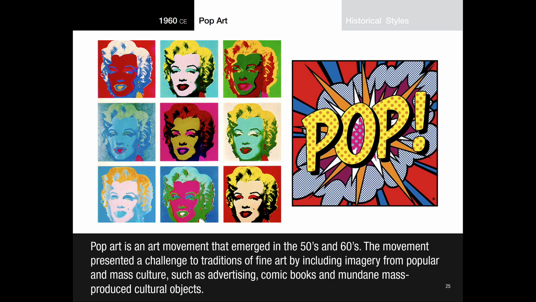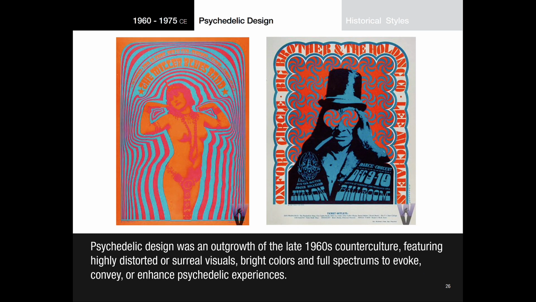As we get into the 60s, you see the pop art movement, most famously for Andy Warhol here. Bright colors, kind of mimicking the mechanical process of how we print things. Also Roy Lichtenstein, who was famous for taking the lowly comic book and kind of elevating it into an art form all its own.